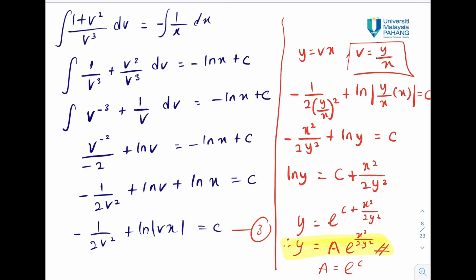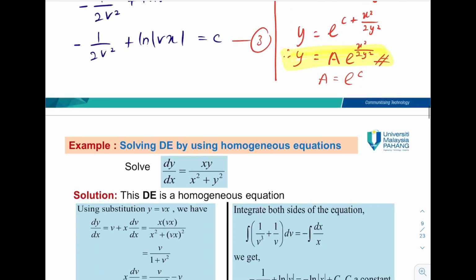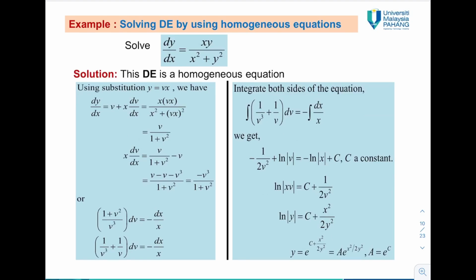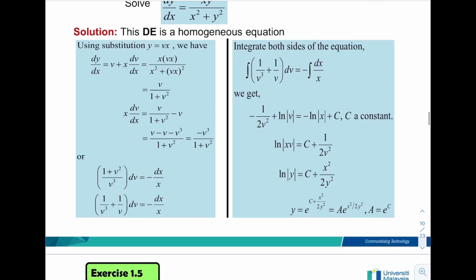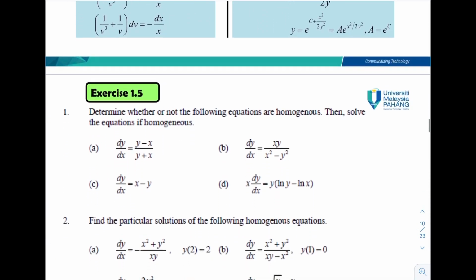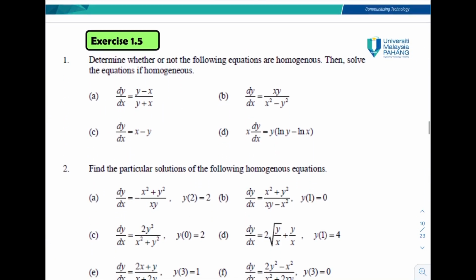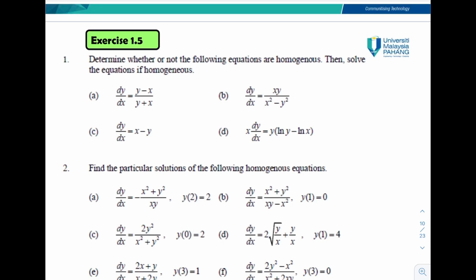So this is actually the solution that I've typed before. It's just similar to mine above. You can do exercises from Exercise 1.5.